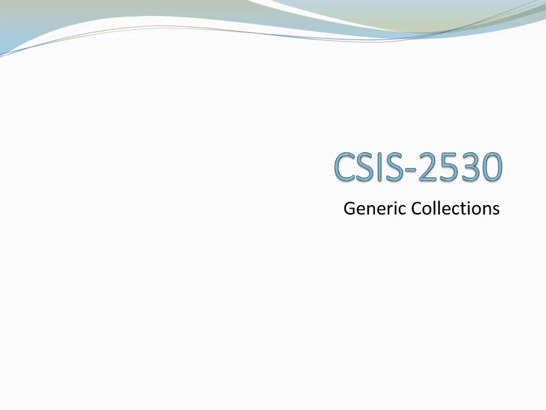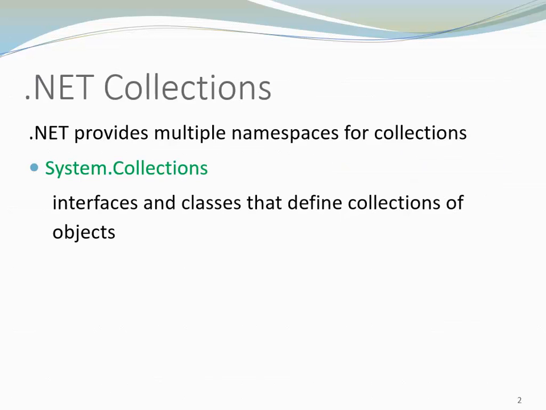Hi, in this video I'm going to introduce you to generic collections. .NET provides multiple namespaces for collections. System.Collections includes interfaces and classes that define collections of objects. Today, those are mostly used for legacy code because early on in C# 2.0, generic collections were introduced.